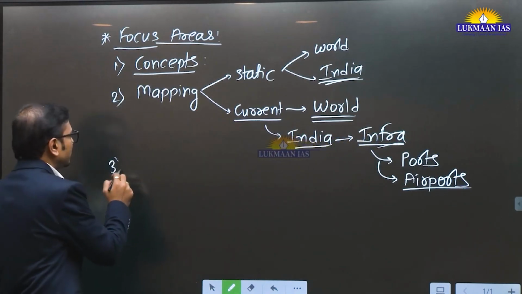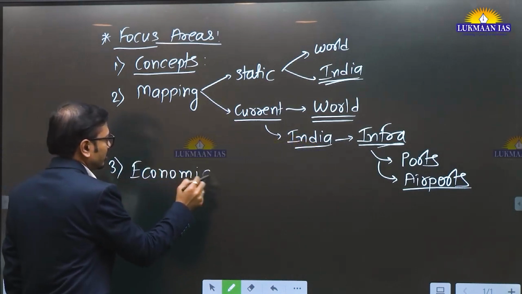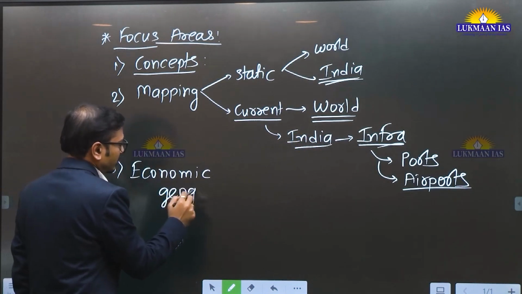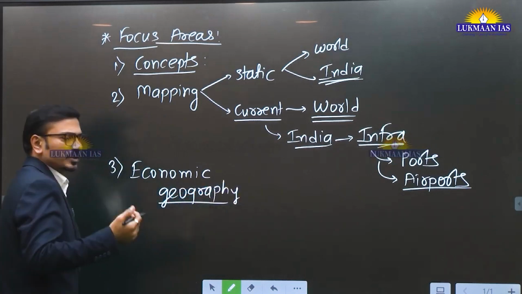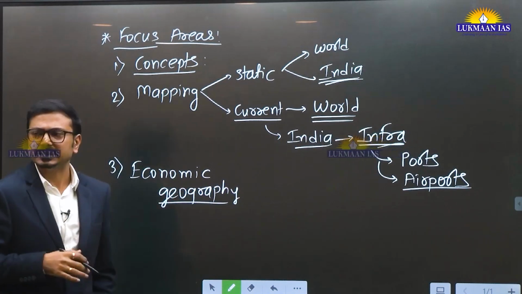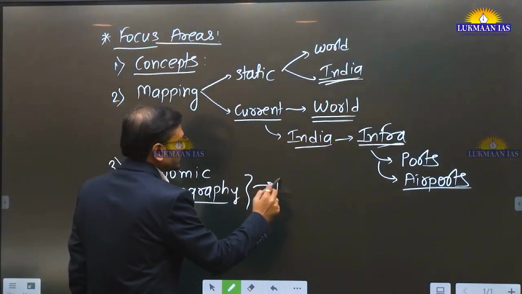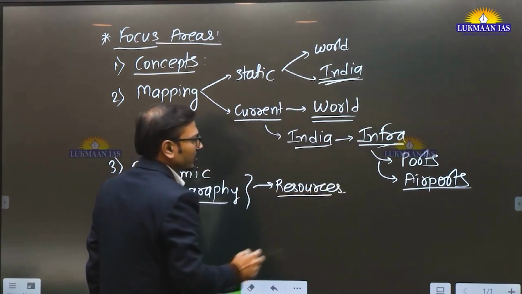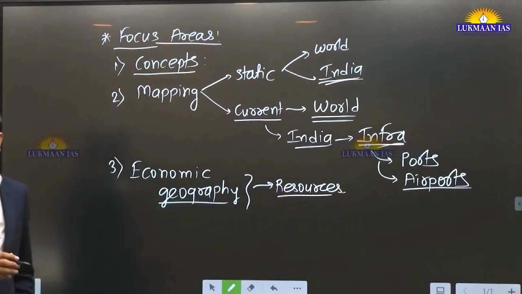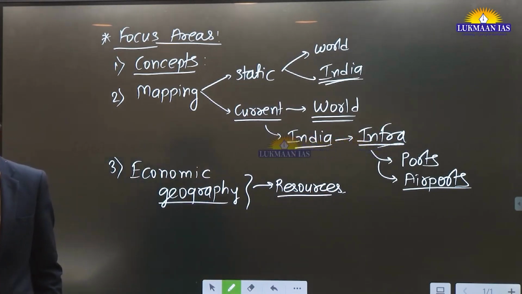Third is, they are focusing on some questions, okay, 2 to 3 questions at maximum. They are largely related to economic geography. For example, they are asking about resources, the distribution of resources, or about crops. So that is related to economic geography: primary activity, secondary activity, tertiary activity.